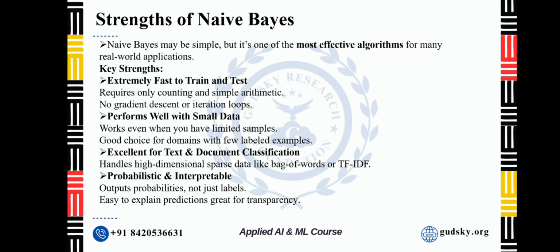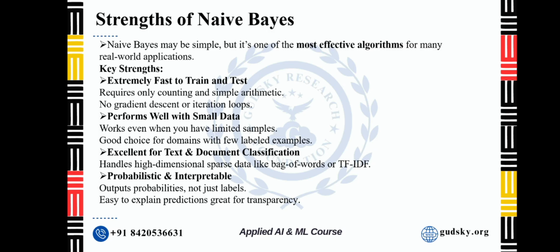Unlike neural networks that need thousands of samples, naive Bayes can perform well even with limited tabular data. It is excellent for text and document classification, handling high dimensional sparse data like bag of words and TF-IDF effortlessly. That's why it's so popular in spam detection and sentiment analysis.